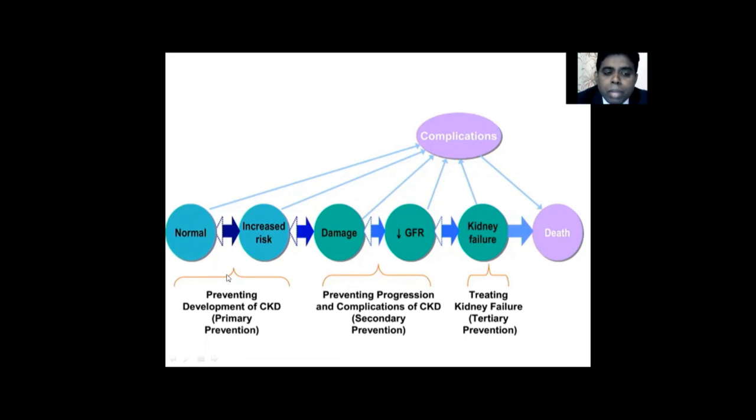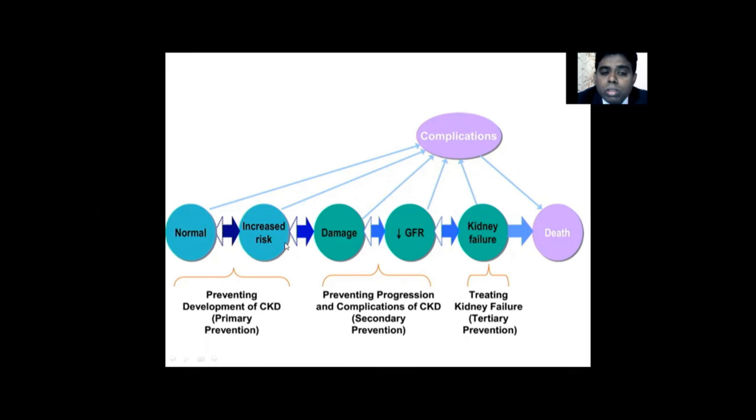That is known as primary prevention. That's doing elective nephron-sparing surgery for small renal mass. And also we have a role to prevent CKD patients, like stage 1 and stage 2, from developing more severe CKD like stage 3 and stage 4.